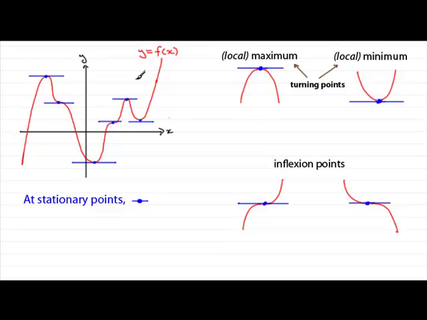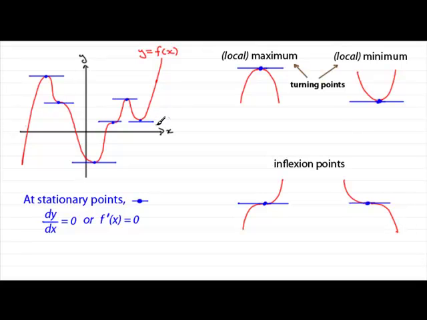And if we put that gradient function equal to 0, so if we do dy dx equal to 0, or f dash of x equal to 0, we're going to get an equation, and if we solve that equation for x, it will give us the x coordinate of the stationary point. And once we've got that x coordinate, we can feed it back into the equation up here and get the corresponding y coordinate. So what this will allow us to do is to find the coordinates of stationary points.